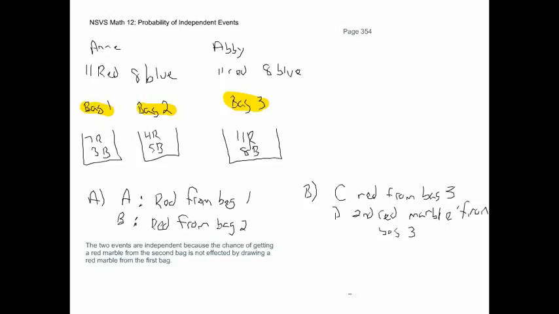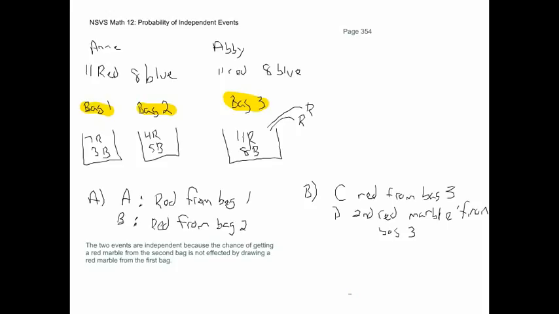So what happens is a red marble comes out and then she draws another one and gets a second red marble. So she's drawing two red marbles out of the same bag. So the question then asks, are C and D dependent or independent?